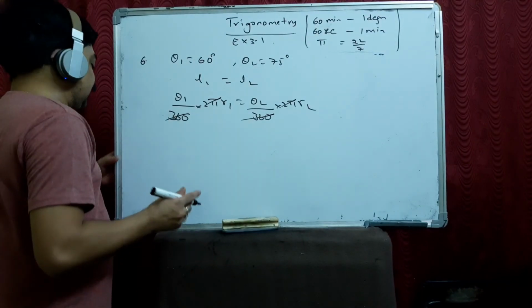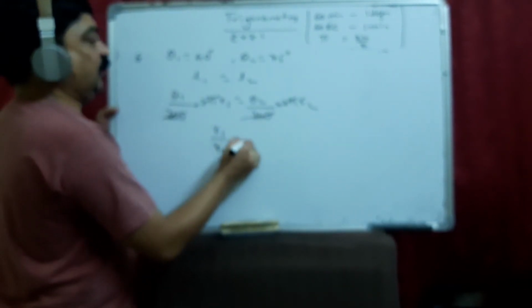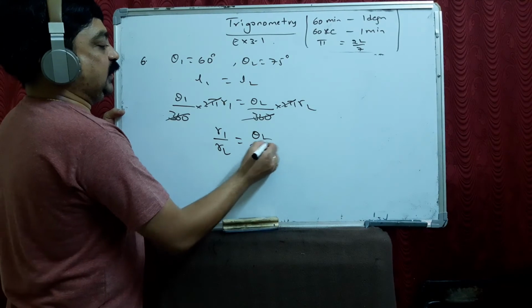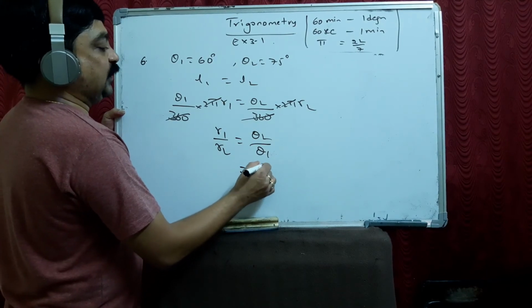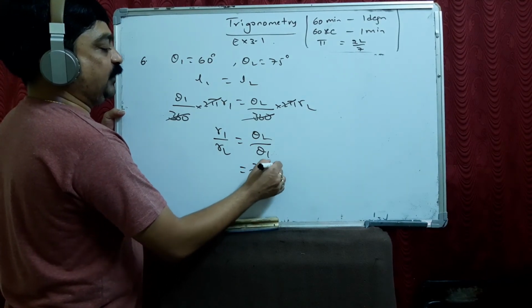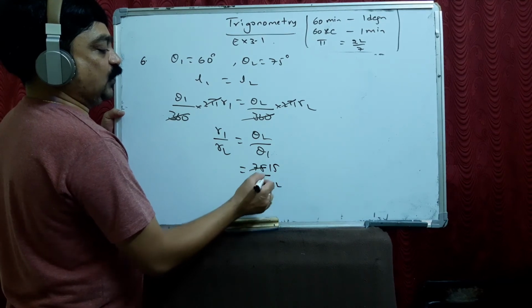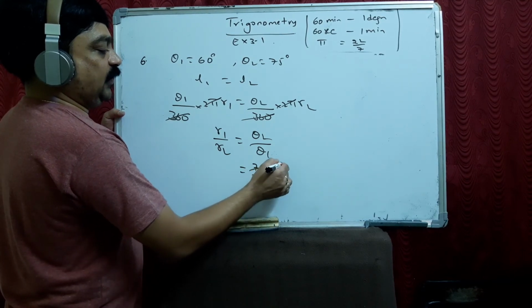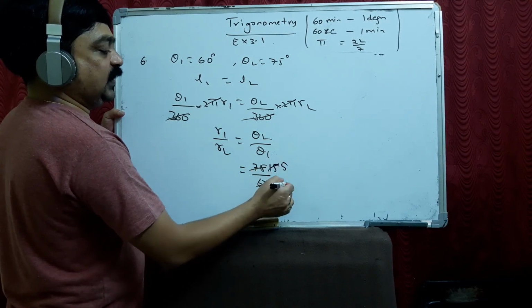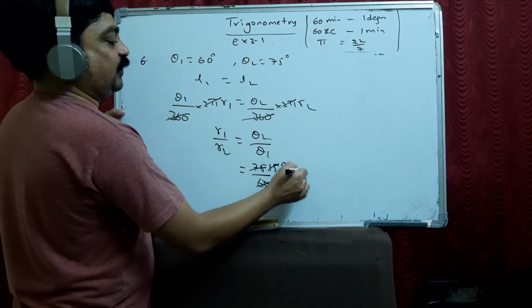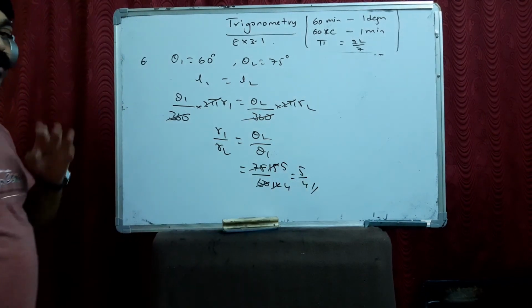What did they ask? The ratio of the radii. Radii means R1 by R2 we need. R1 by R2 is theta 2 by theta 1. What is that? 75 by 60. Directly you can do 5 15s, 5 12s. Again 3 5s, 3 4s. 5 by 4 is the ratio of the radii. Okay?